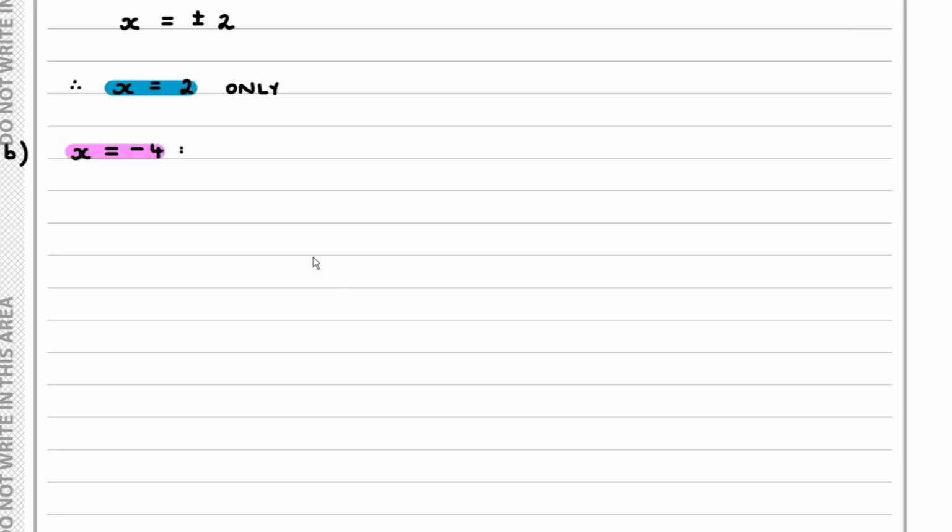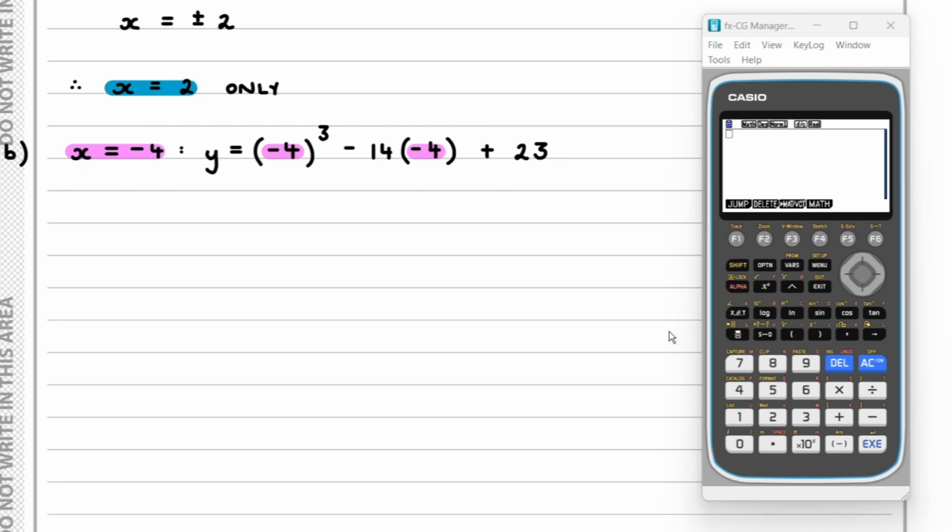So when x is negative 4, if we substitute into C, y equals negative 4 cubed subtract 14 multiplied by negative 4 plus 23. Let's work this out. We have negative 4 cubed subtract 14 multiplied by negative 4 plus 23, that's 15.